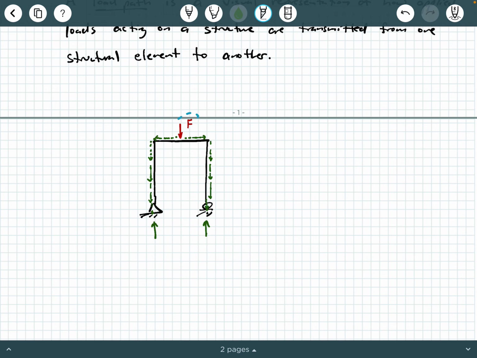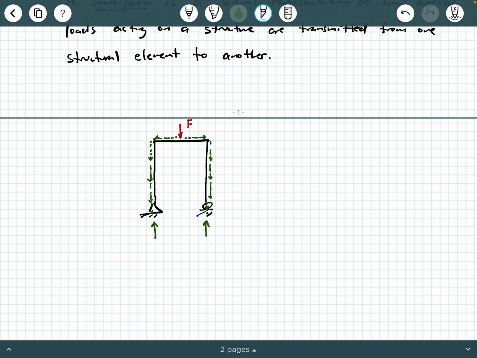Okay, so that's what I encourage you to ask yourselves whenever you're thinking about a structure. How is the applied load that the structure is supporting going to make its way through all of the structural components until it reaches the supports? Because ultimately that's what this load is trying to do. The applied load F and the effect of F, all it's trying to do is somehow get to an external support.